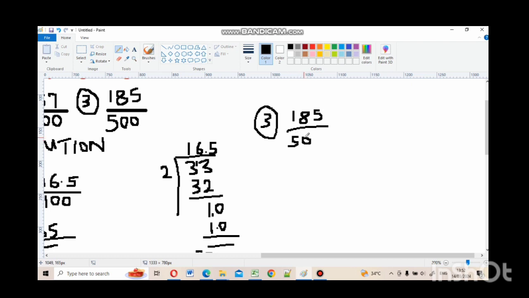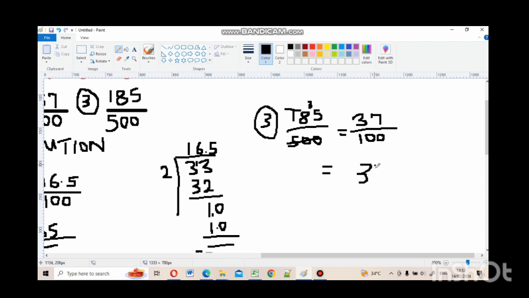Converting that to decimal, I guess this is a bit straightforward. 500 divided by 5, you have 100 here. 5 in 18, you have 3, remaining 3. The remaining 3 here, 5 in 35, you have 7. So the answer is going to be 37 hundredths.